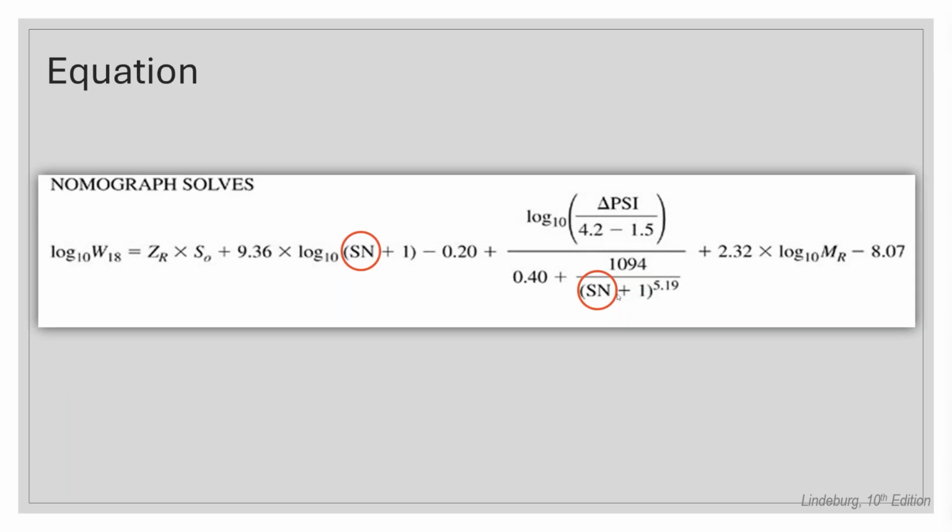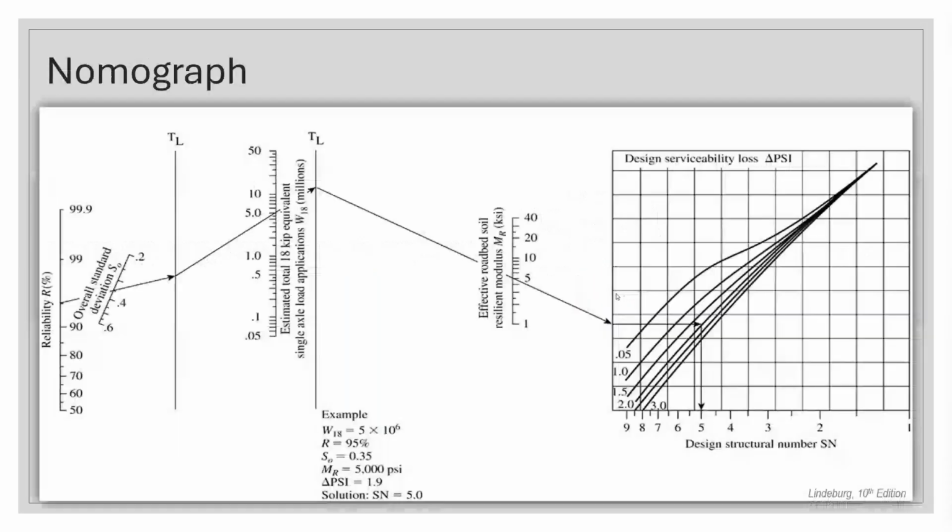So when they developed this equation, they came up with a nomograph, and this will help us work that problem. So out here on the left, this is, I guess, what I would call old school engineering. Nomographs are kind of cool. So we look at what our reliability value is, and that is on a scale. And then we know our standard deviation that we chose, and we can draw a line between those two things. And that straight line is going to continue across to a turning line.